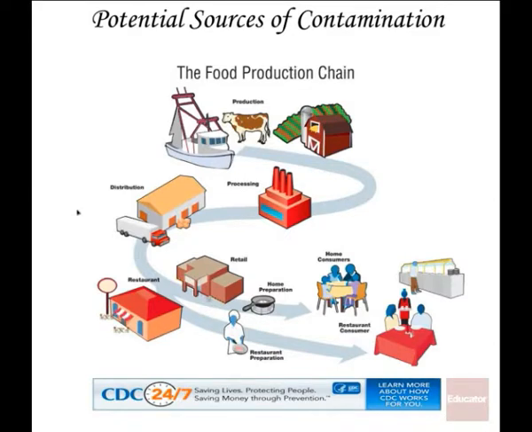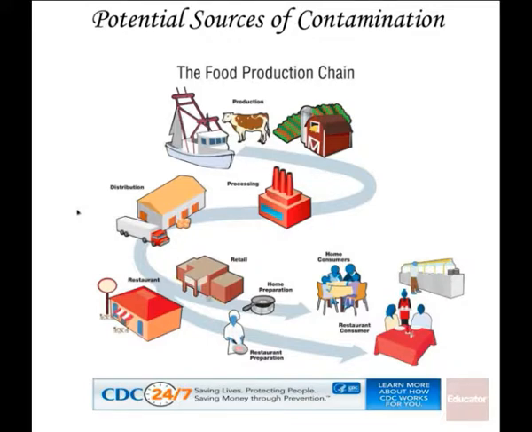If it's seafood, of course, we have the boats. If it's meat or milk or dairy, we have cows. We also have chickens, right? We've had contaminated eggs. Then there's the environment in which those foods are produced. In the case of farms, the soil, right? The contamination has occurred by growing things in contaminated soil, for instance.